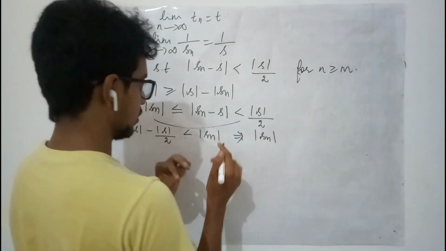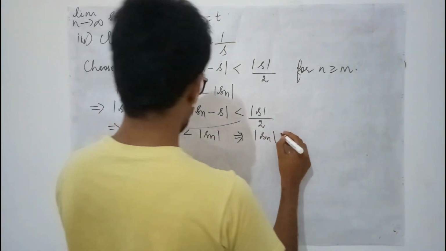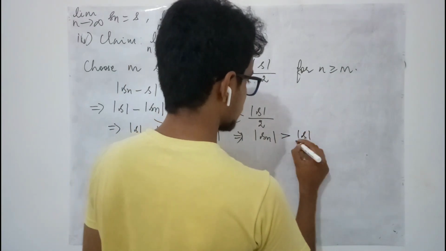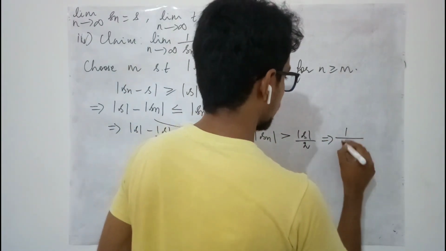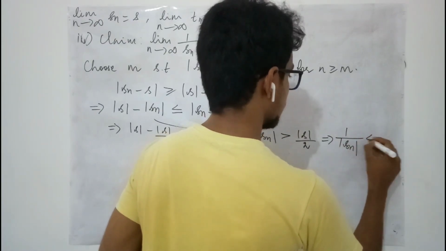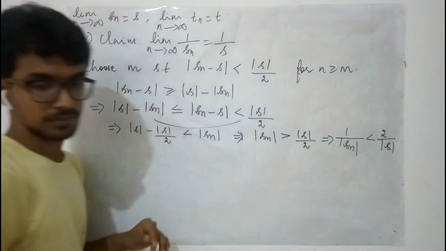You have brought this to this side, right? So absolute of Sn is going to be bigger than absolute of s minus s upon 2, and this gives you 1 upon absolute of Sn is less than 2 upon absolute of s.